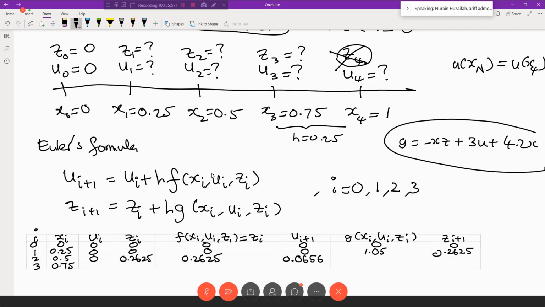Proceed with your g. So better you put this formula in your calculator. You key in this formula and then you just put the value here. This is x, this is u, this is z. This is quite easy.